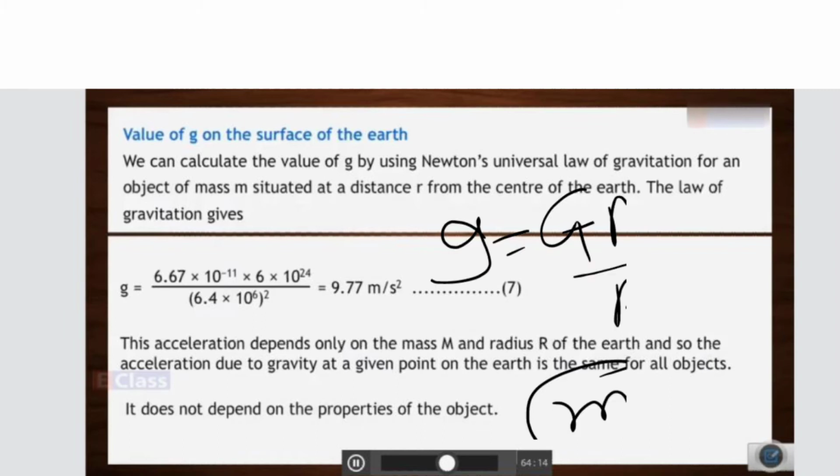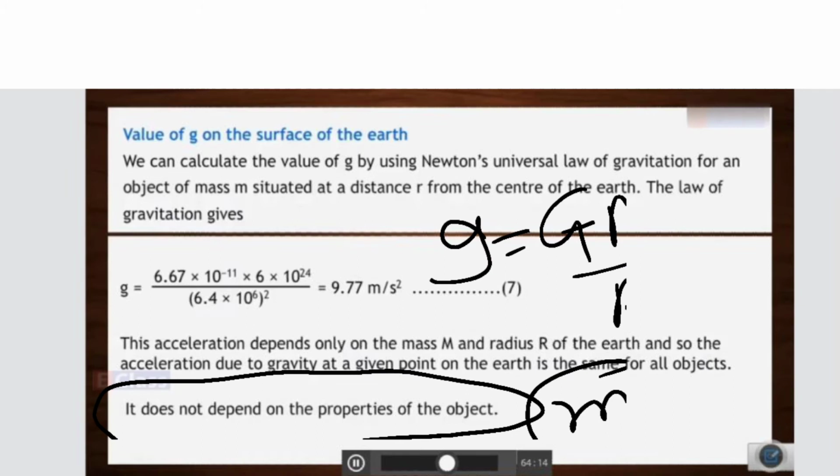And that is why we have this line: it does not depend on the properties of the object. It is independent of it. Sometimes this can come in fill in the blanks: acceleration due to gravity does not depend upon dash of the object. So you have to write properties of the object. One time it was asked in the examination, so I am just highlighting it.